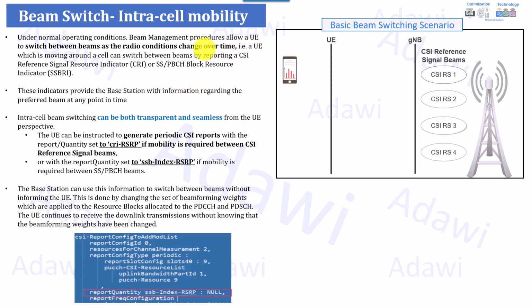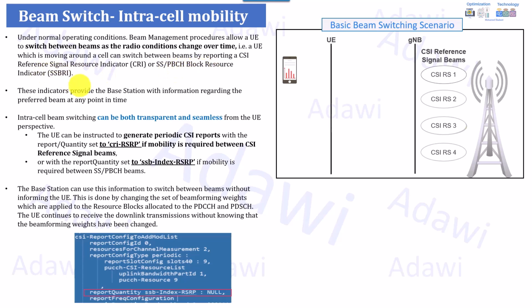the UE can be instructed by the gNB to generate periodic CSI reports with a report quantity, for example, CSI-RSRP, which is integrating CRI-RSRP, where CRI is the CSI reference signal resource indicator, or something called SSB-RI, which is the SSB block resource indicator.